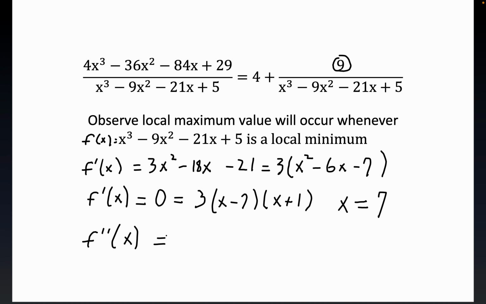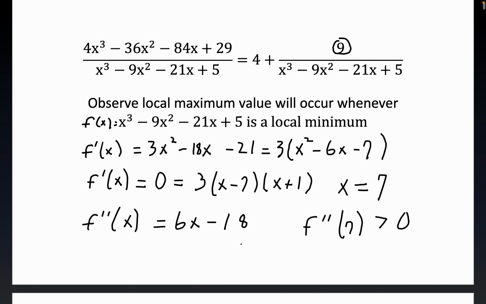Now notice the thing that makes this fly is that f double prime at 7 is positive. We can see that clearly. I'm just going to say this is greater than 0, because 6 times 7 is 42, which is bigger than 18, right?